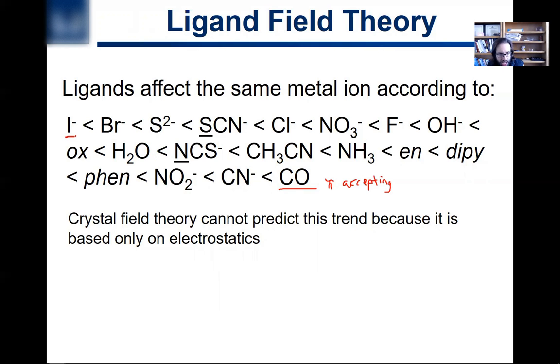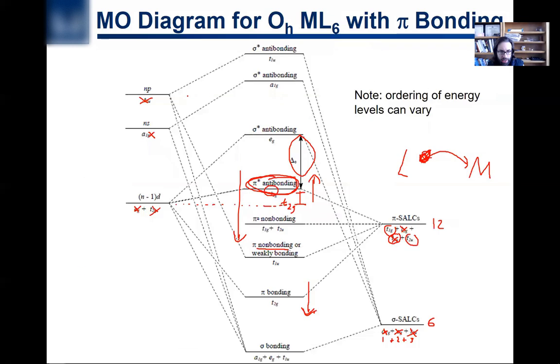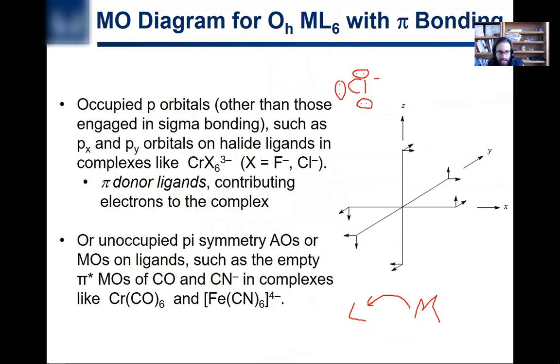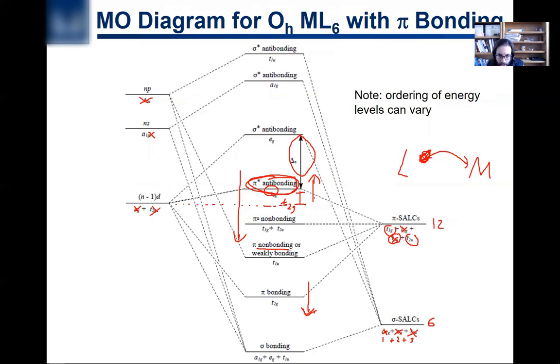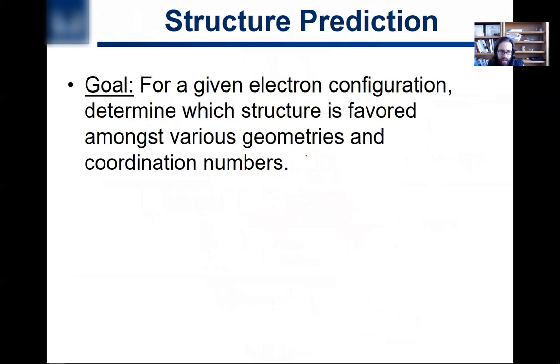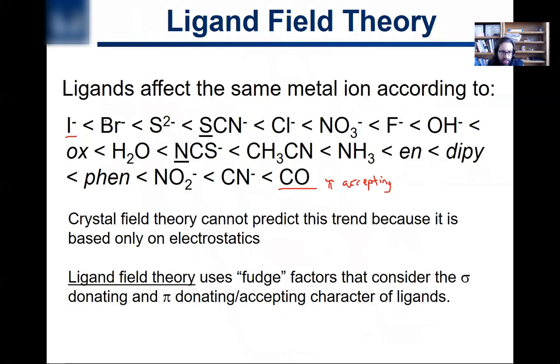On the other hand, iodide was one of the ones we're talking about, like fluoride, the halides. They're pretty good pi donors, and so they're doing the opposite. They're good pi donors, so they're bringing this T2G up, making stronger pi bonds here, bringing that level down, but importantly, moving this one up. If we move this one up, delta O goes down.